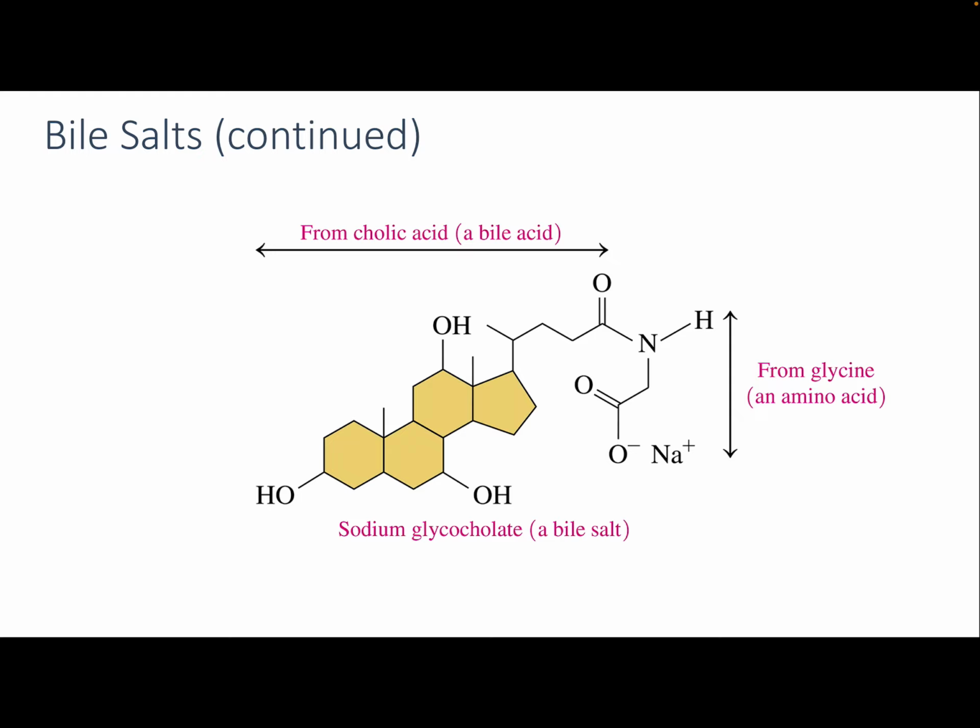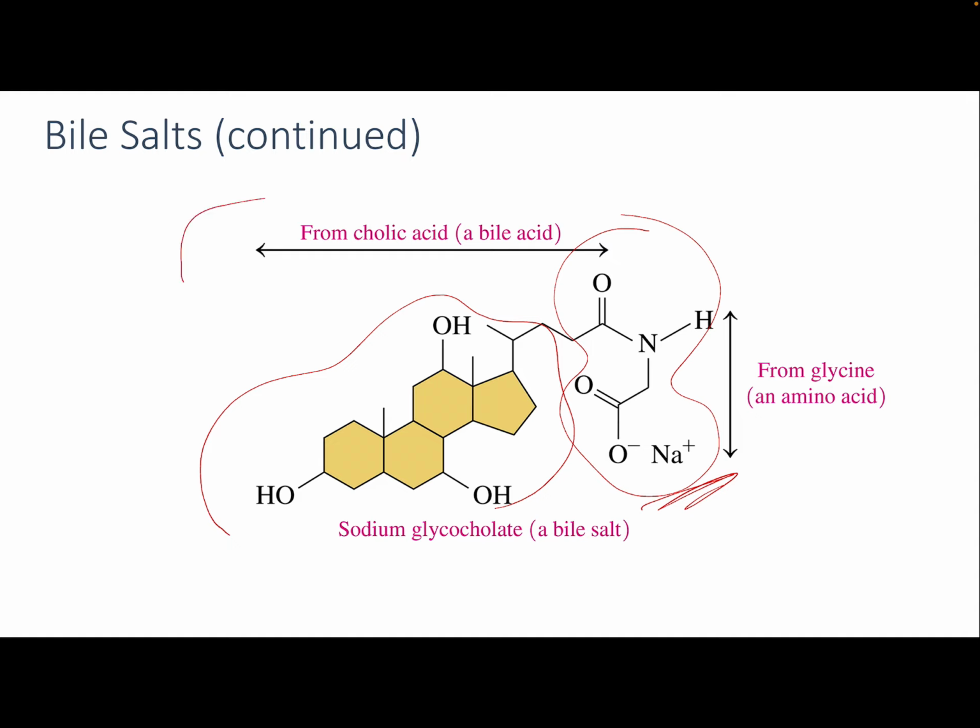This is the bile salt. So sodium glycolate is a bile salt. You can see the steroid nucleus here, the modification here that makes it polar. This cholic acid is where we're going to get the majority of this sodium glycolate.